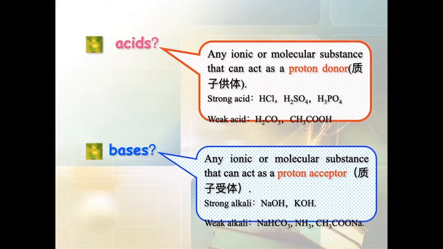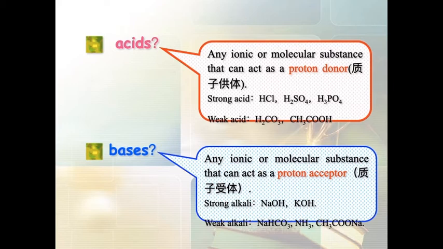The strong acids, I've listed here: HCl, H2SO4, and H3PO4. And weak acids are much weaker than strong acids. Imagine if we had HCl splashed on your skin, what would happen? You've all learned chemistry, right?